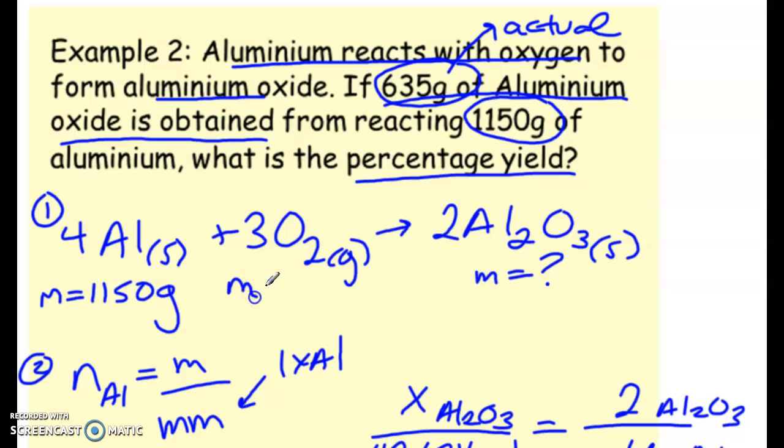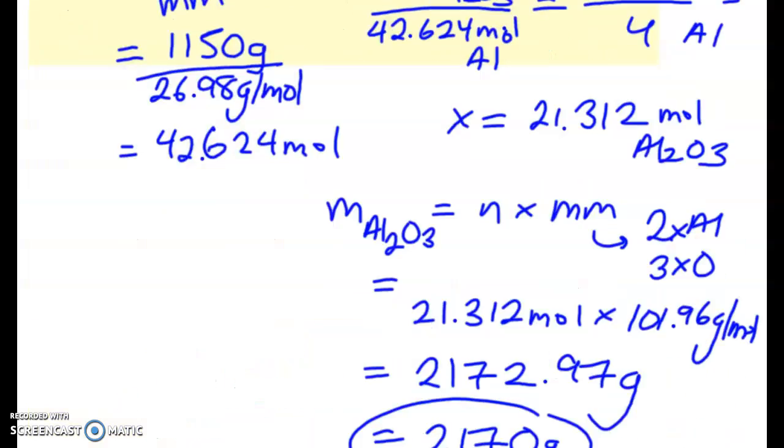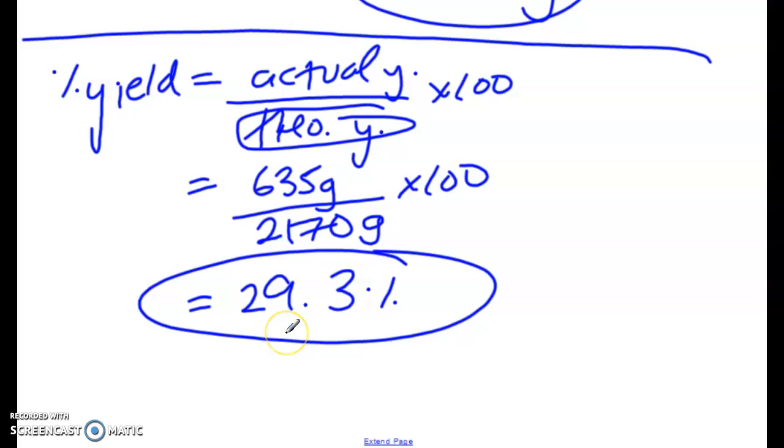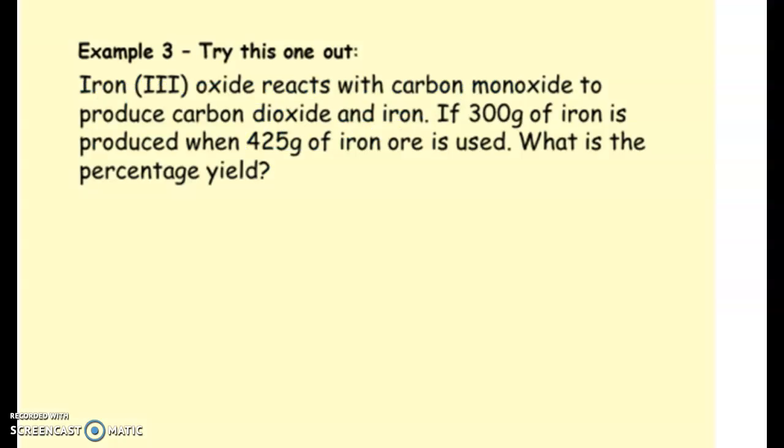If I was given a mass here as well, let's say 50 grams, then I'd have to do exactly the same thing, but I'd have to make that choice of which one is limiting in between. And that's really kind of the maximum where this is going to go. So the most complex problem you'll see involves stoichiometry, limiting reactant, and then at the very end, you have percent yield. Okay, so give this next one a try.